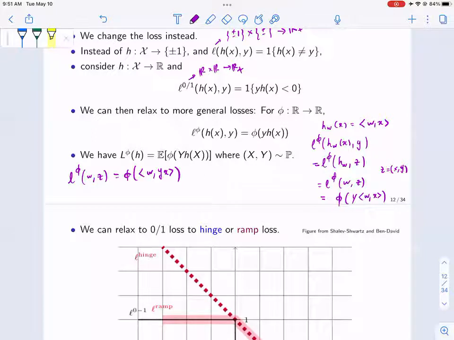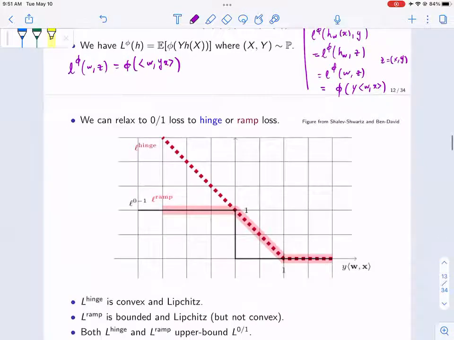We're going to move back and forth between these notations, hopefully. If you want to be precise, you should call each of them a different thing because they're different functions. But by some abuse of notation, you're going to use the same symbol.